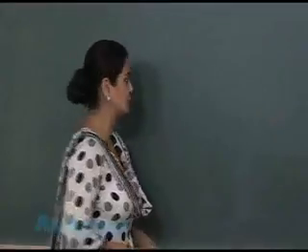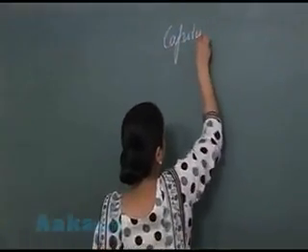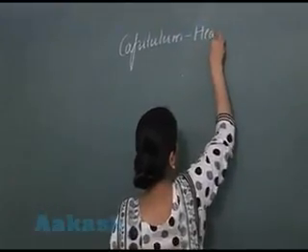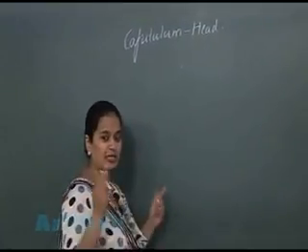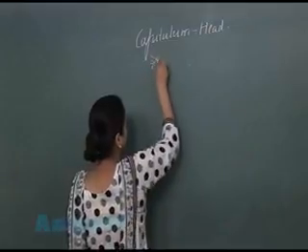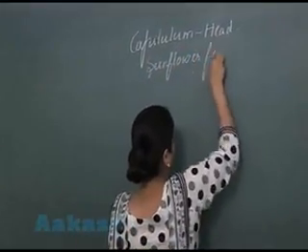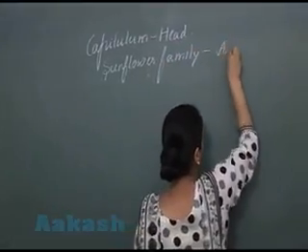So now the capitulum inflorescence. The capitulum inflorescence is also known as head inflorescence. That is the racemose head, and it is the characteristic feature of the sunflower family. And the name of this family is the Asteraceae.